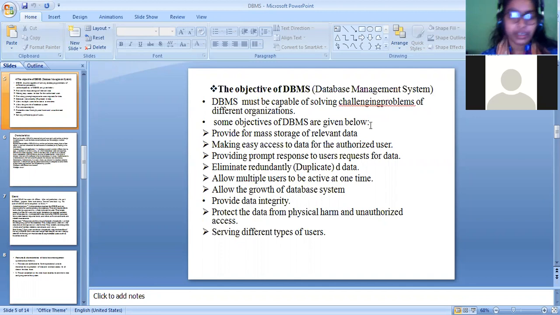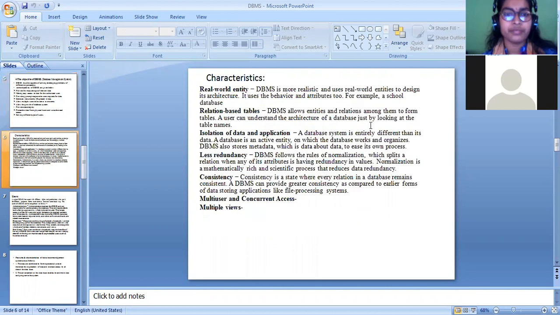We can protect or secure our data in that database, as well as from physical harm and unauthorized access, so that some data cannot be accessed by anyone else, serving different types of users.